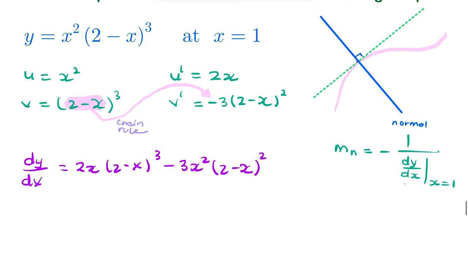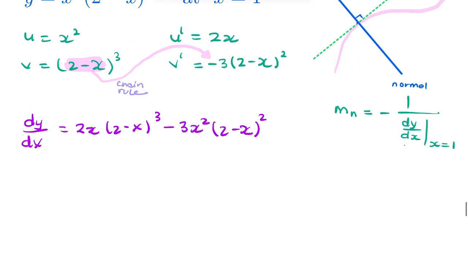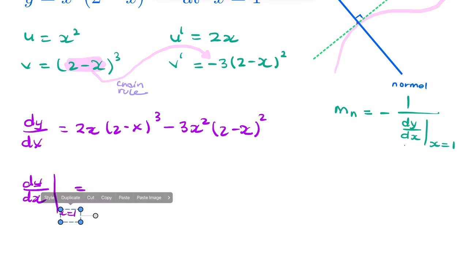So let's find dy by dx at the point where x equals 1. So we simply substitute 1 in every instance of x here.